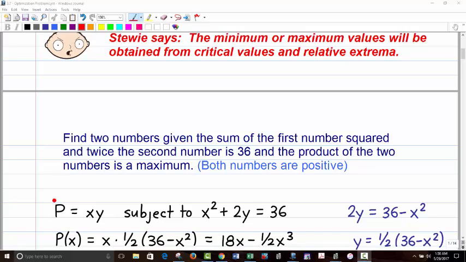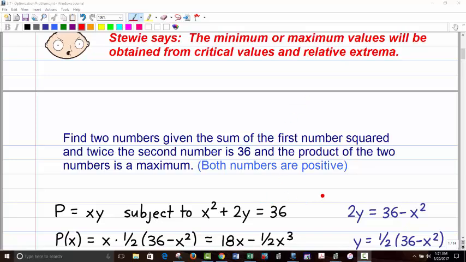Now the choice of variable p, that's the least of your concerns here. P equals xy. The x times y is important, but the p can be any arbitrary variable. And then here's the subject 2. That's indicating the information from the secondary equation, also known as the constraint equation.